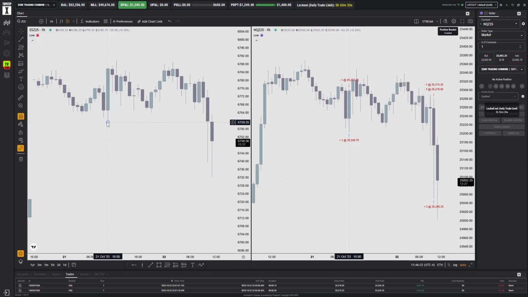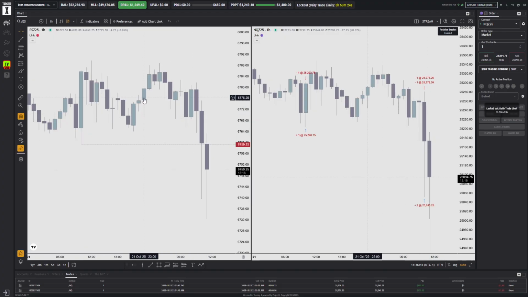This low is a previous day's low. It is also a daily fair value gap. And right after midnight, which is this candle right here, we printed a swing high. We took out that swing high and we started to displace lower.